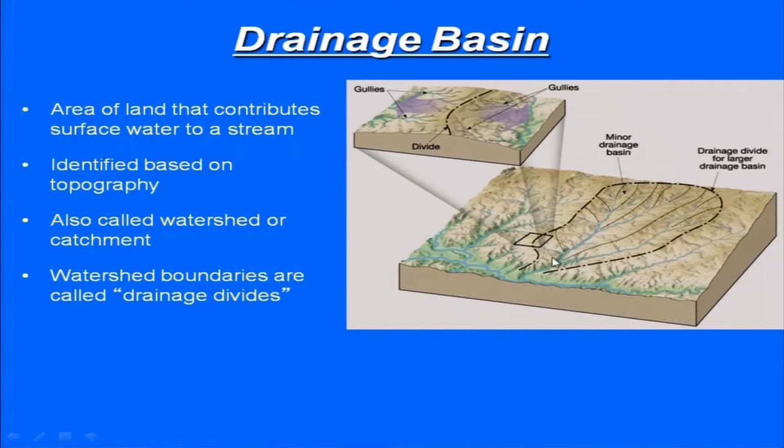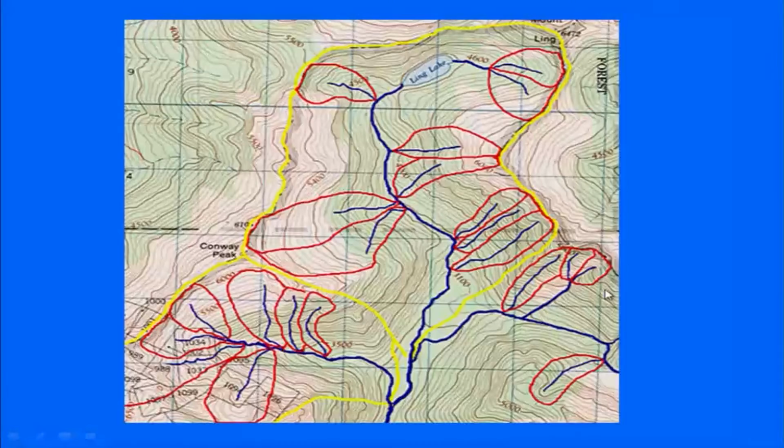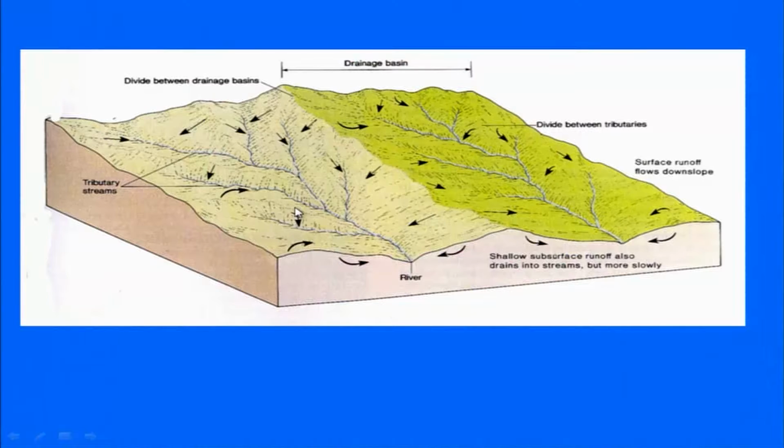This trunk stream is going and meeting the higher order stream here, so this will form a sub basin of this major river. So the yellow one is the major basin, and within that you have the trunk stream shown in blue, and then we have the smaller sub basins here.